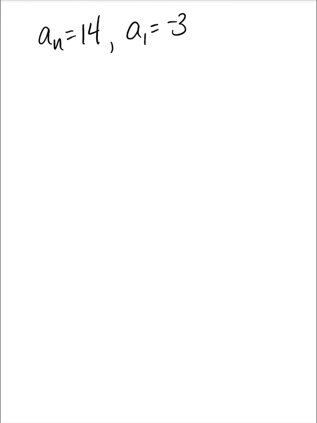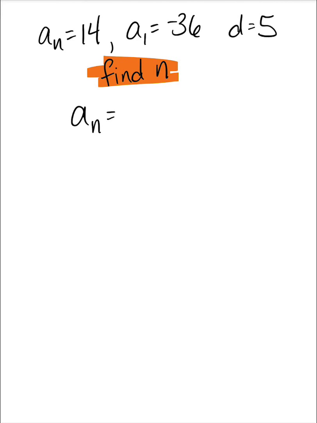Okay, so let's look at number 20, as I promised. So for 20, the given is a sub n, the value of a sub n is 14. My first term is negative 36, and then my difference is 5. And I want to find my n term. So this is what I'm looking for. So I'm going to go ahead and write in my equation, a sub 1 plus n minus 1 times the difference.